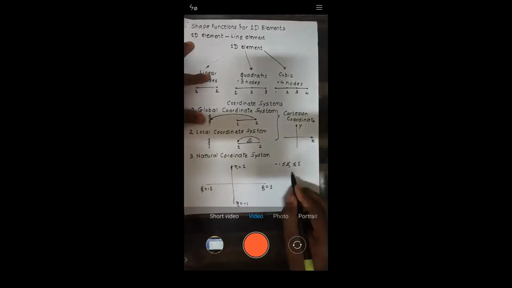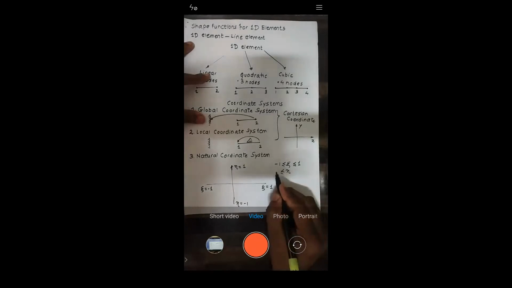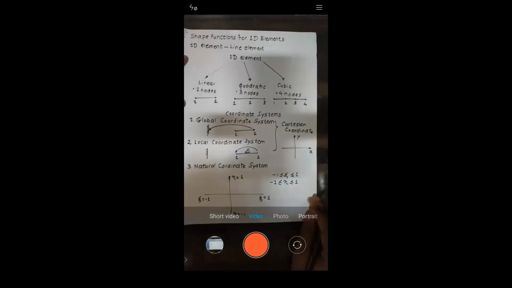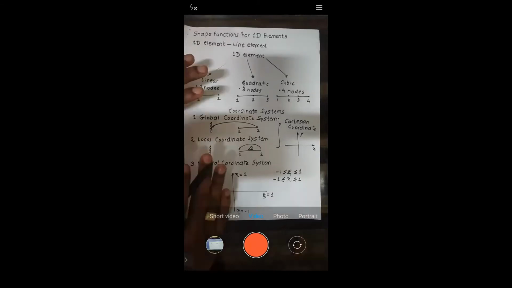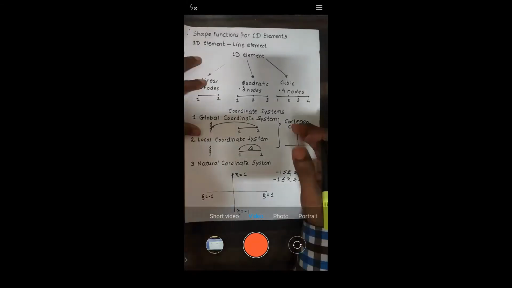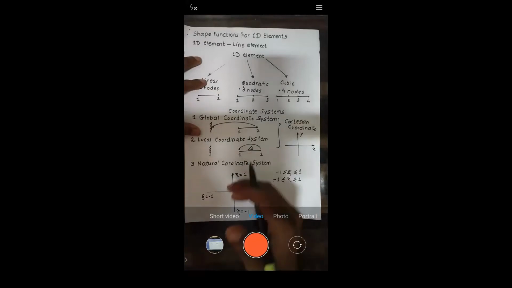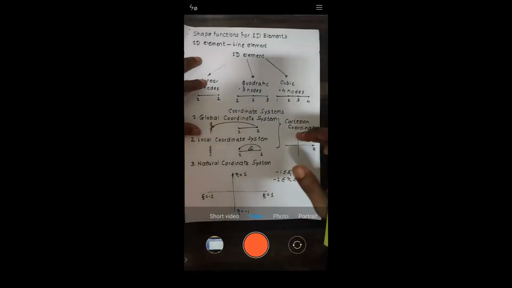Similarly, neta is greater than or equal to -1 and less than or equal to 1. So this is the limit for zeta and eta. Now, we need to convert from Cartesian coordinates to natural coordinates, right? We should understand how to convert any system from Cartesian to natural. That we are going to see later on.